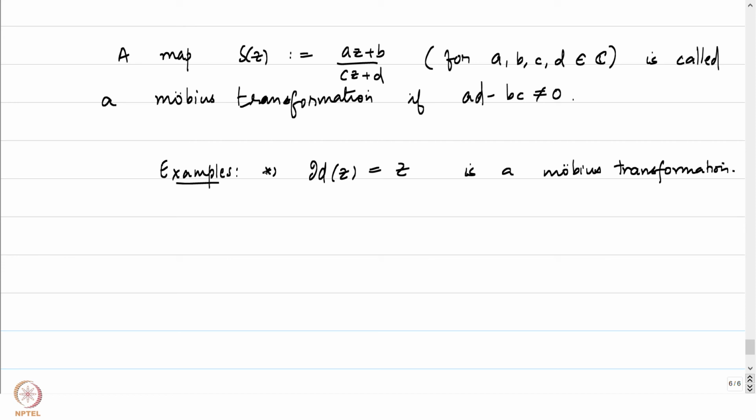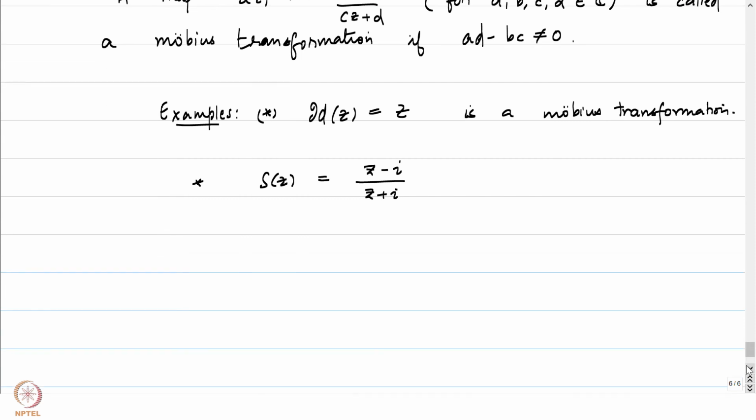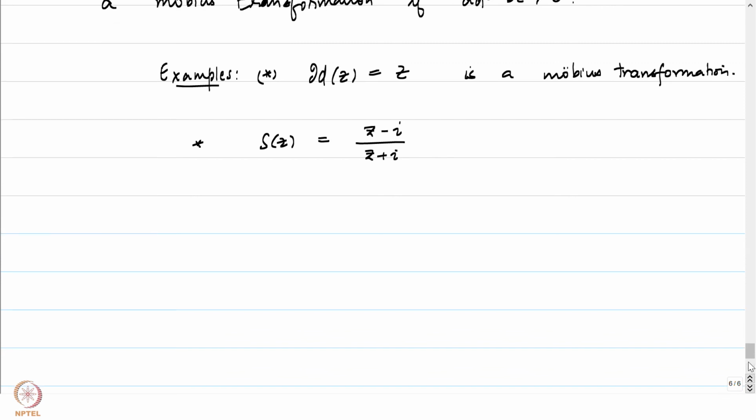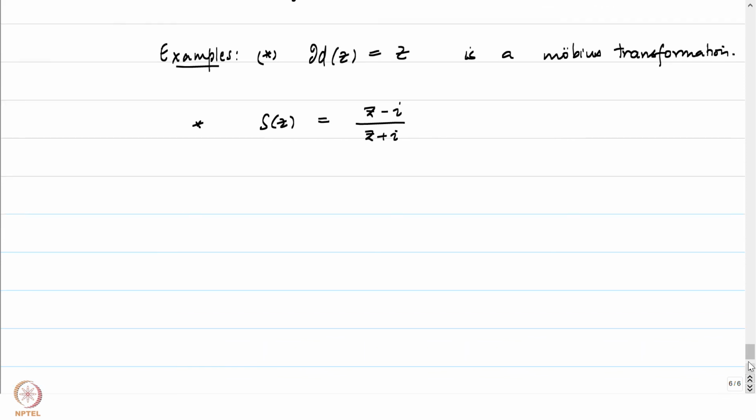Another example would be the map S of z given by z minus i by z plus i. In this case, b is minus i, a and c are 1, d is equal to i. So notice that S of z in the second case here is holomorphic away from minus i, because it's a rational function, and the function is holomorphic away from the zeros of the denominator.